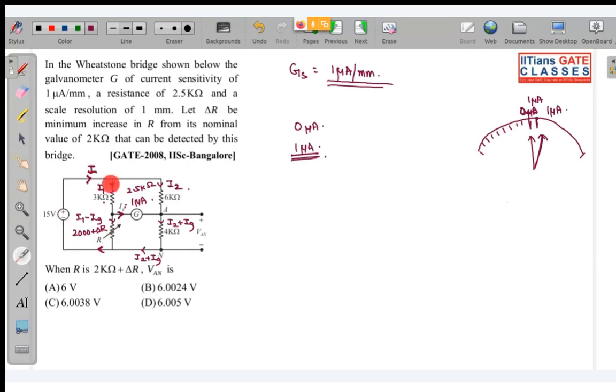So it will be minus 15 plus 3 kilo ohm, that is 3000 into I1, plus 2000 plus del R into I1 minus Ig, is equal to 0.